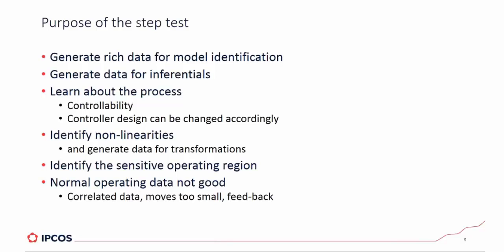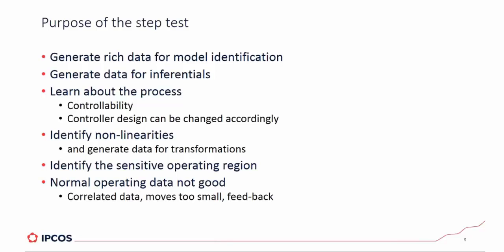We know that mostly normal operating data is not good for model identification. That is because there's a lot of correlation in the data. For example, when operators increase the feed to a furnace, they would change at the same time the fuel gas pressure at the same time in about the same ratio.